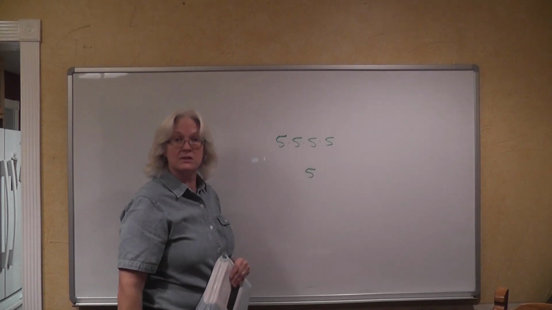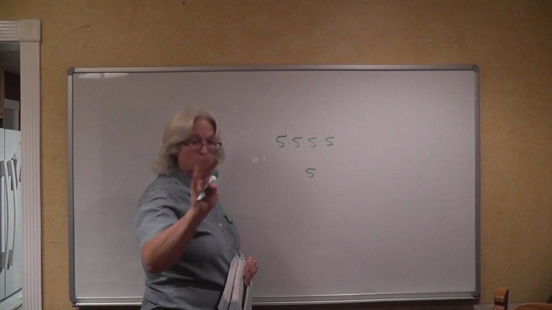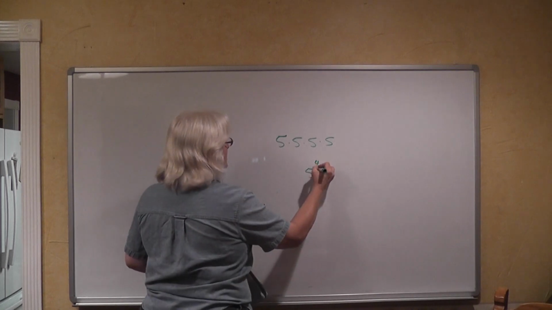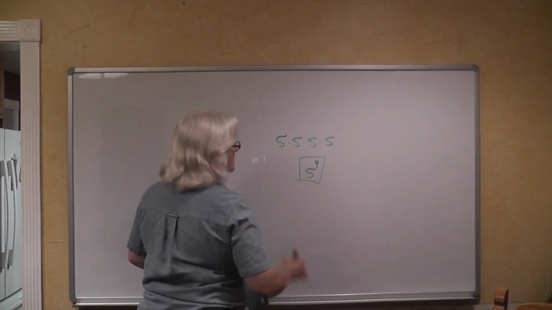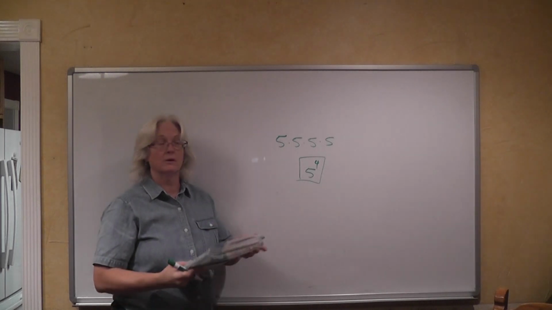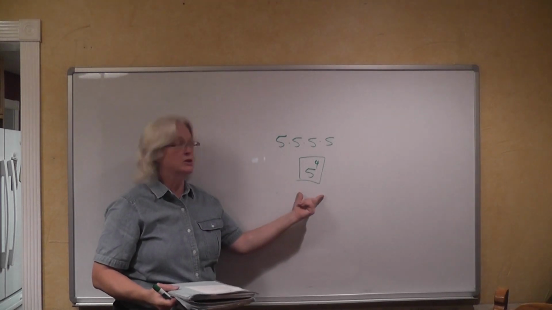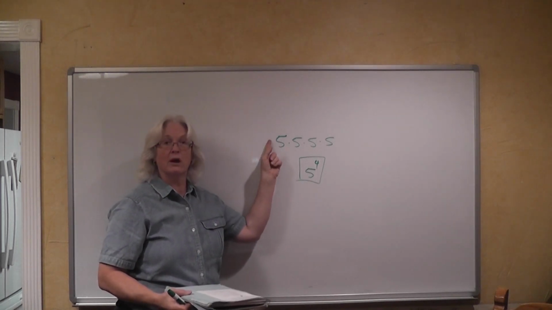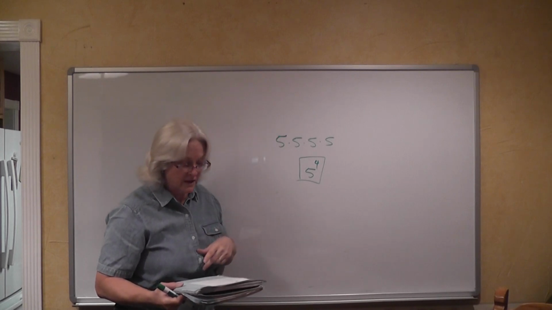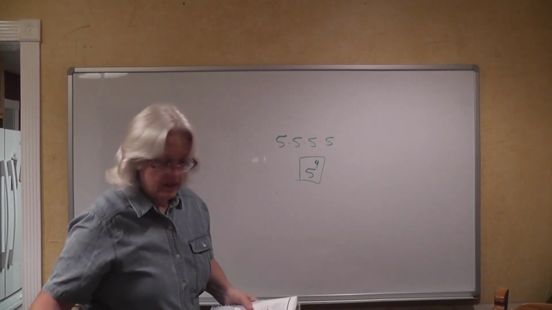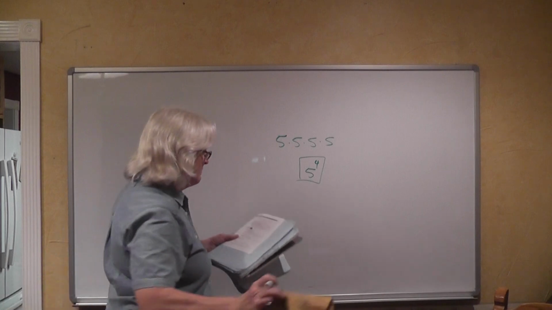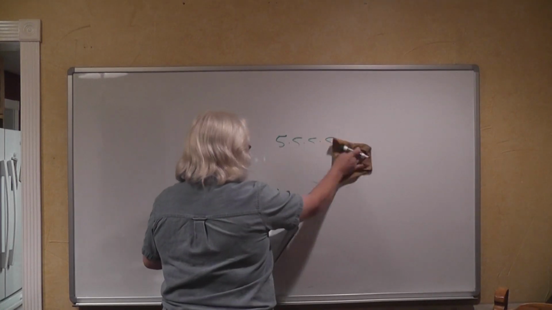How many times is it used as a factor? It's used 4 times. So, 5 to the 4th is exponential notation that indicates this value right here, which is actually 625.